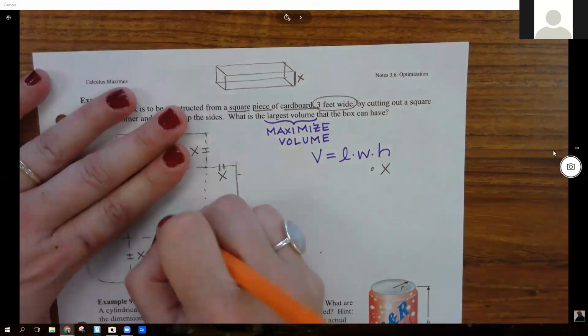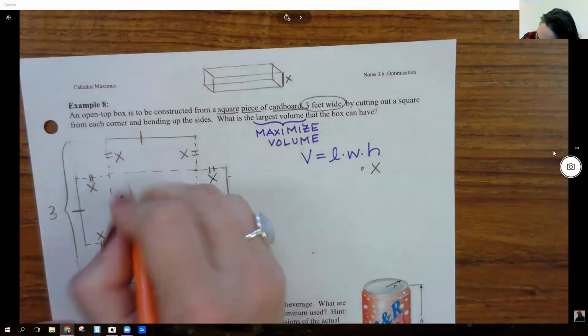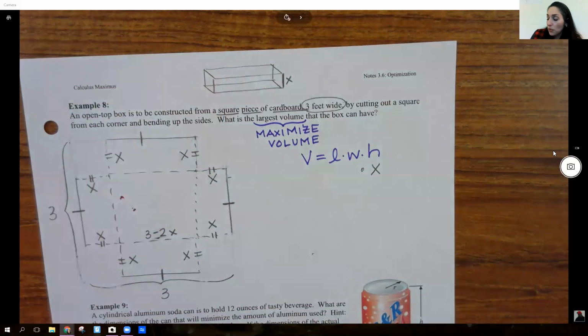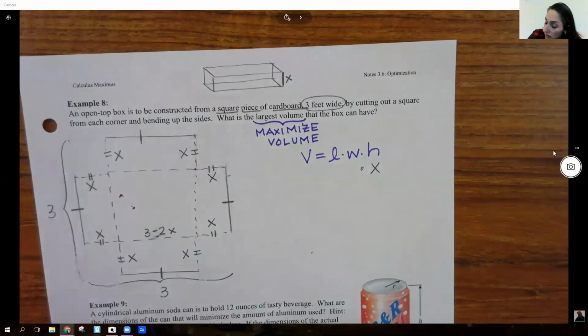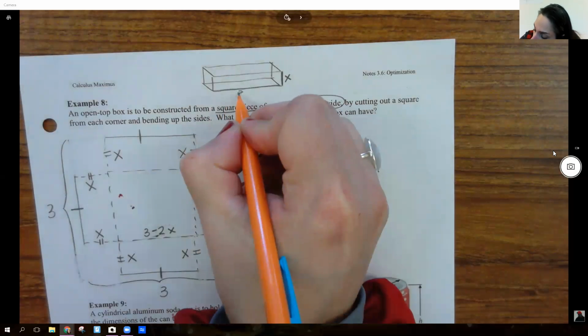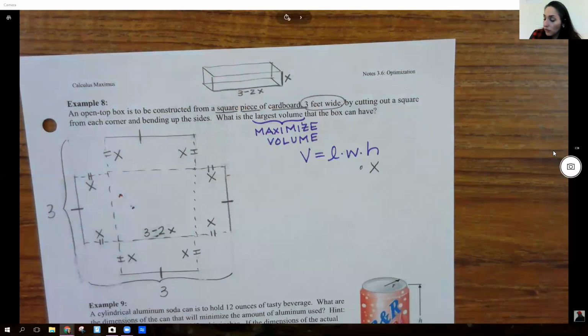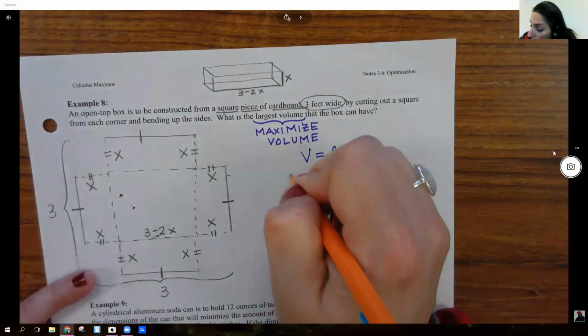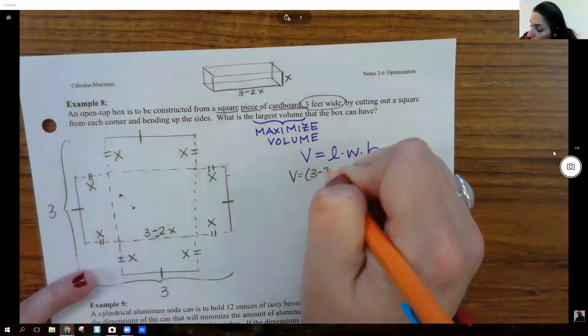Yeah, very good. 3 minus 2x. Okay. So once again, picture folding this on a dotted line. That would be right here, 3 minus 2x. So you can call it the length if you want to, or you can call it the width. It doesn't matter. I'll put it in for length.